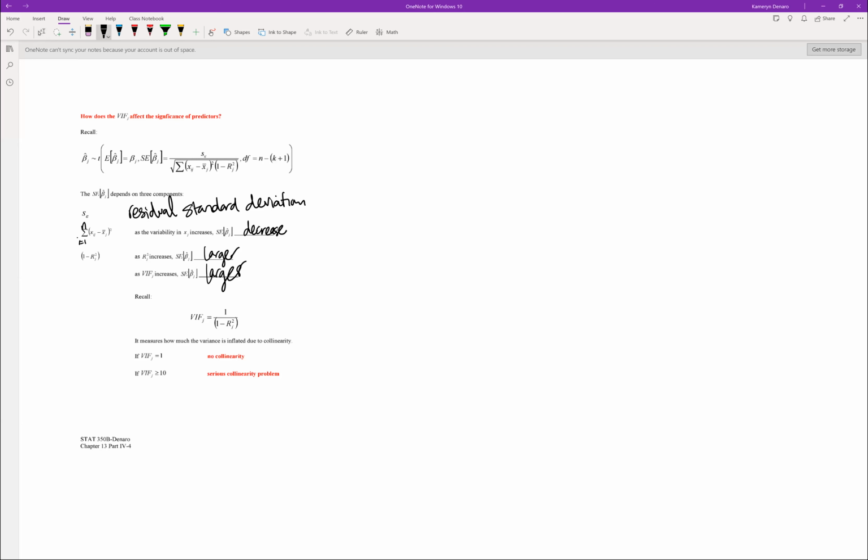As your VIF increases, your standard error is also going to get larger. So essentially your variance is going to be inflated.